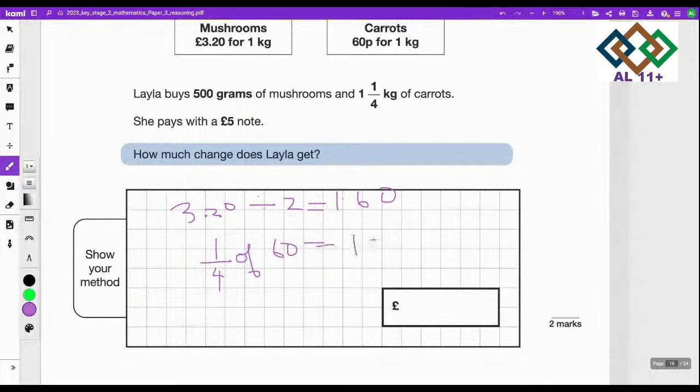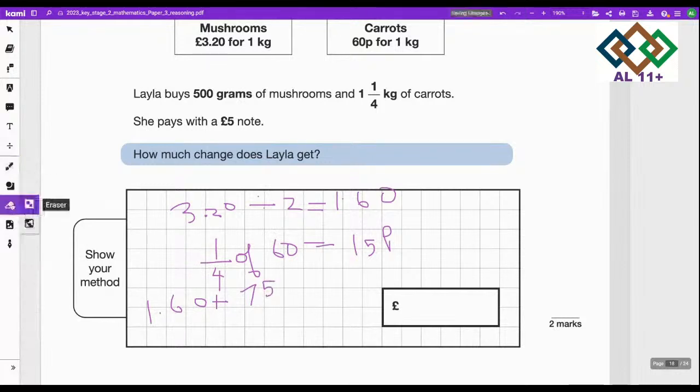That is 15p. And then you just need to add 1.60 plus 75p. Oh no, sorry, we forgot one step.